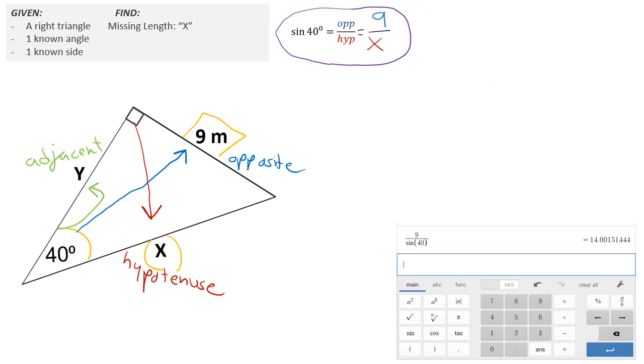All right, so here we are now continuing on with this question, and we determined on the previous page that the ratio that we're going to use is the sine of 40 degrees equals 9 over x. They are asking us to find missing length x, so that's what I want to solve for and isolate.